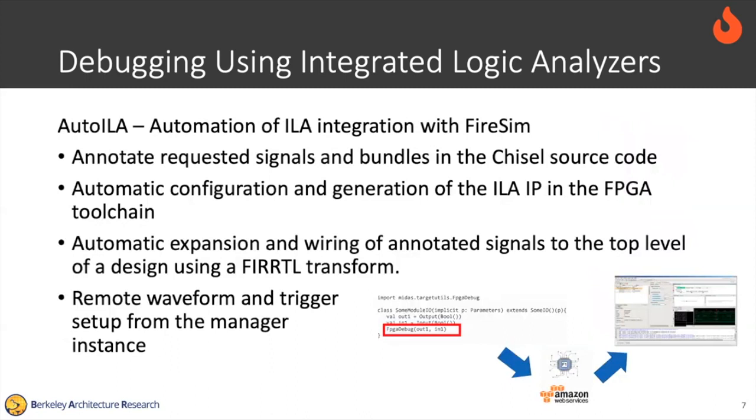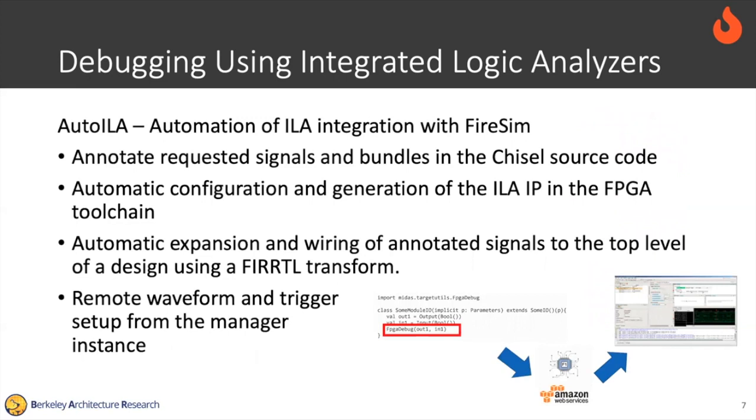So as I said, we're going to annotate signals that we're interested in in the Chisel source code itself. And we'll automatically generate all of the ILA IP for whatever vendor you're running on that is supported in FireSim. And then we'll automatically expand this out, wire it up to your actual signals, even if they're deep inside a module hierarchy, and pull them out to the top.